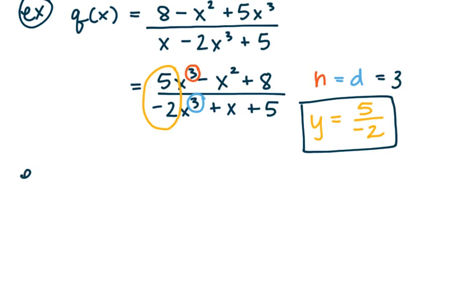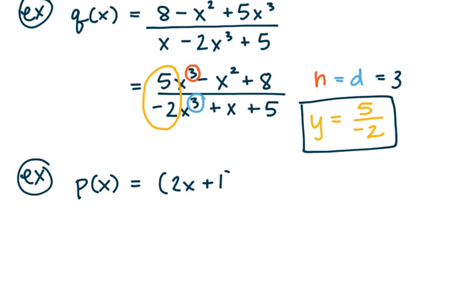And I'll do one more example for us. P of x equals 2x plus 1 times the quantity x over x squared plus 5x.